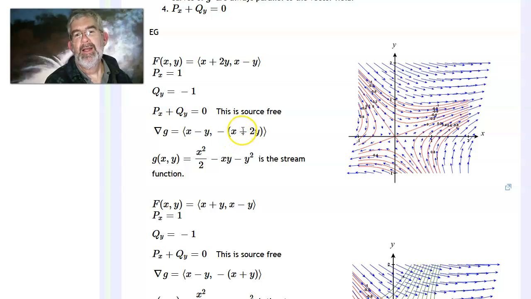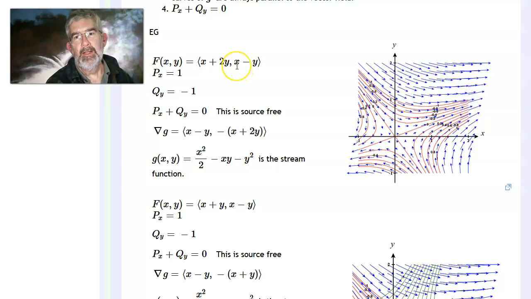So this is source free, and I'm going to actually find what they call the stream function. So the gradient, if this was going to be conservative, I would say the gradient of little f is going to be the vector field. Okay, but I want now something perpendicular to that.